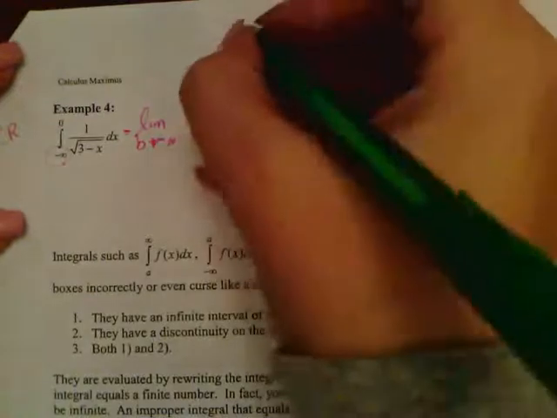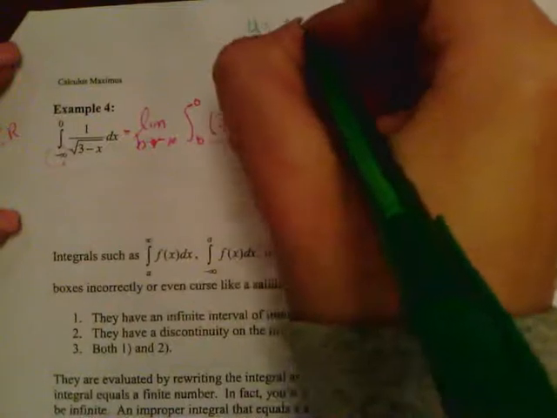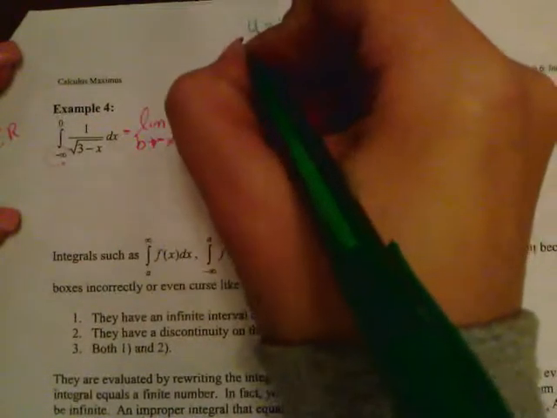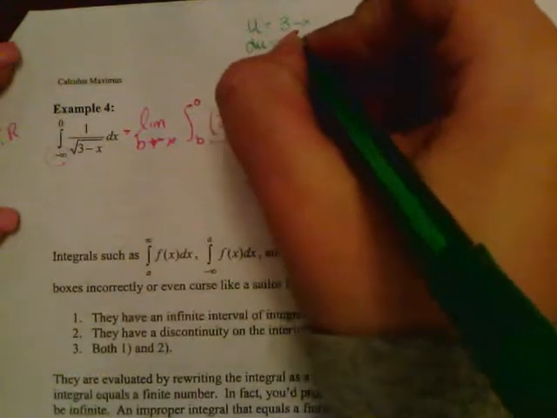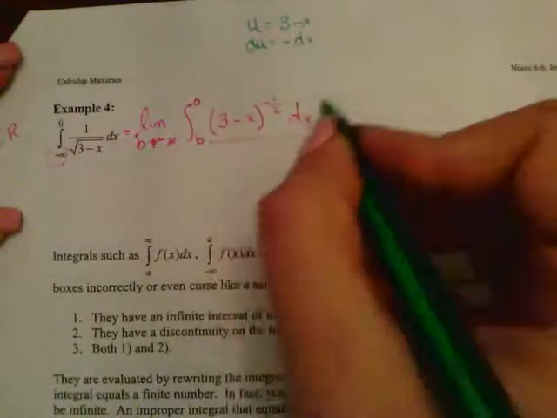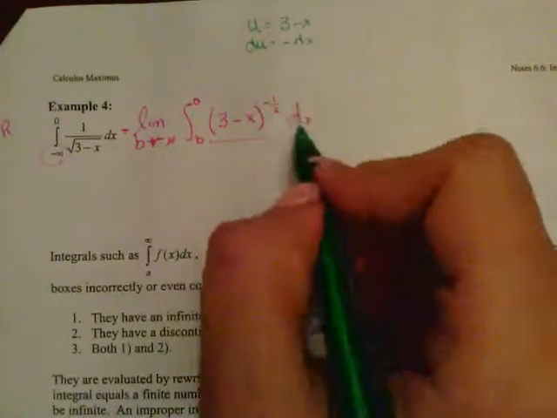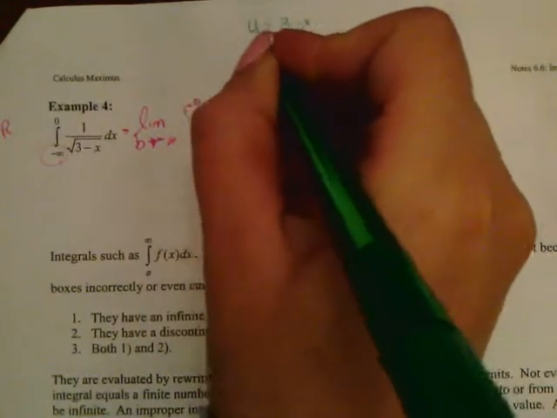Alright. So I'm going to let you guys know. It's going to be u substitution. So we're going to let u equal 3 minus x. So if u equals 3 minus x, if you remember, du is going to equal negative dx, right? But here, we don't have a negative dx, so we need to get rid of that negative 1.